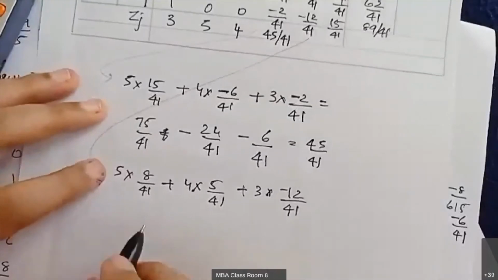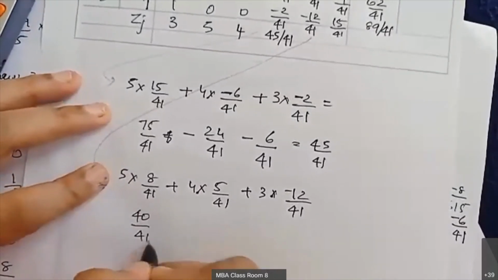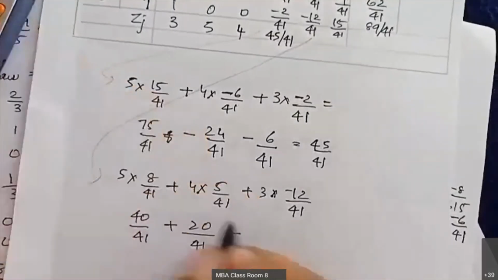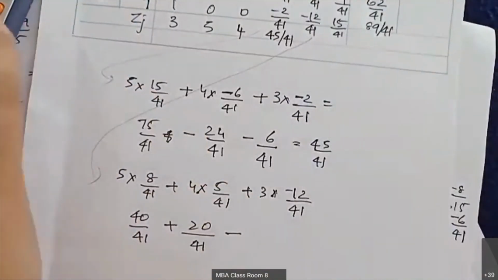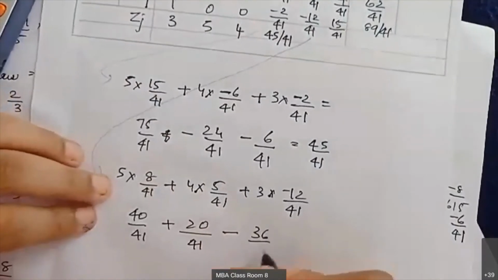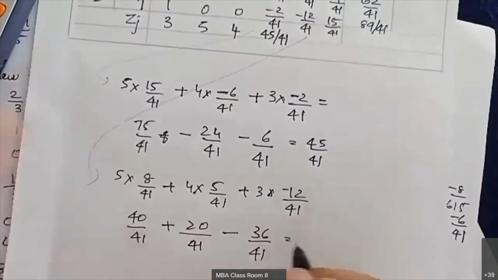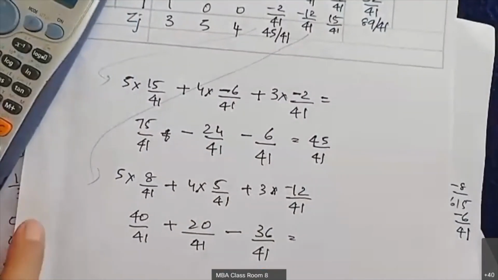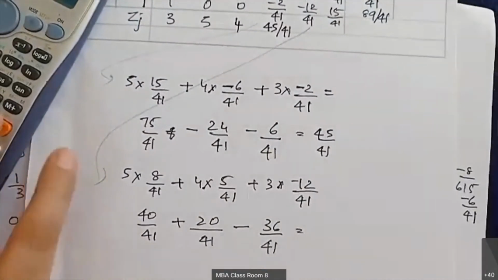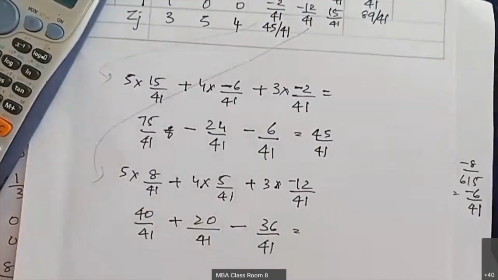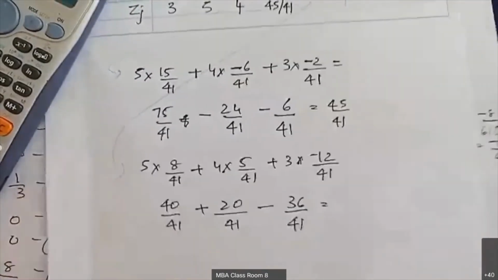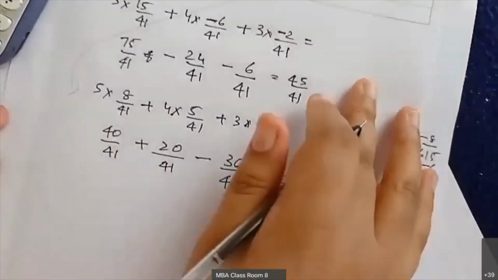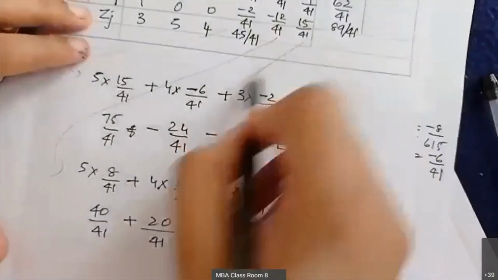Okay. 40 divided by 41 plus 20 divided by 41 minus 3 into 12, 36 divided by 41. All the denominators are the same, so take only the numerators: 40 plus 20 minus 36, which is 24 divided by 41.